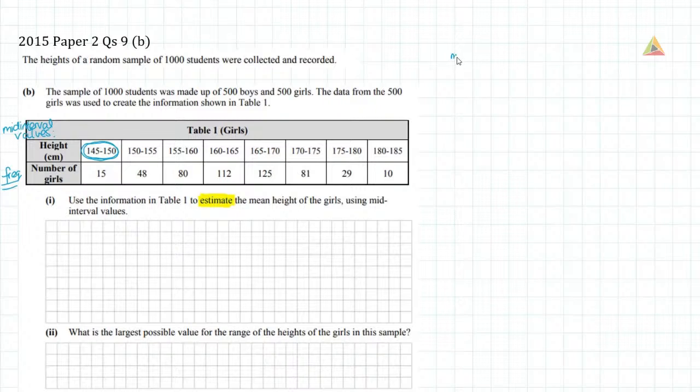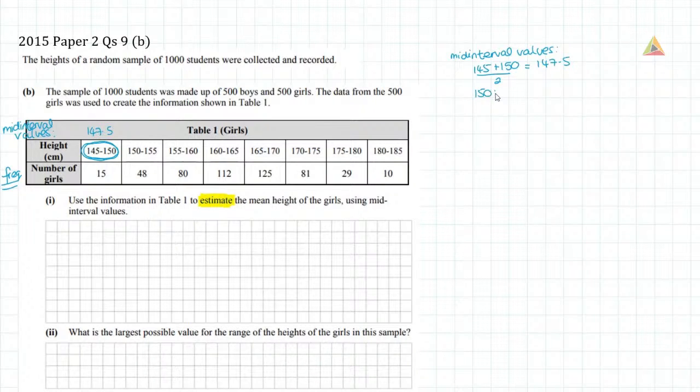So we're going to calculate our mid-interval values for each of our intervals here. So we're going to say 145 plus 150, and we'll divide it by 2 and we get 147.5. So that's our mid-interval value for our first interval.